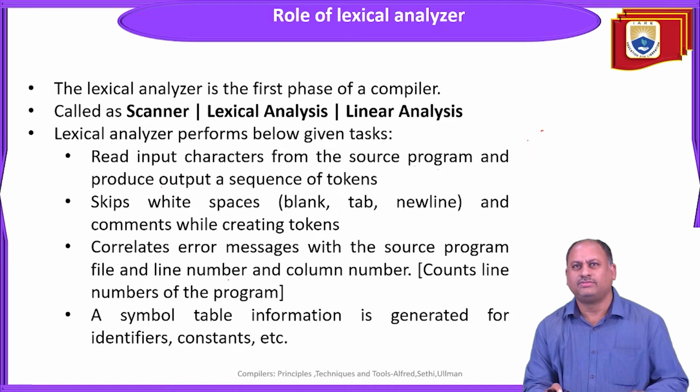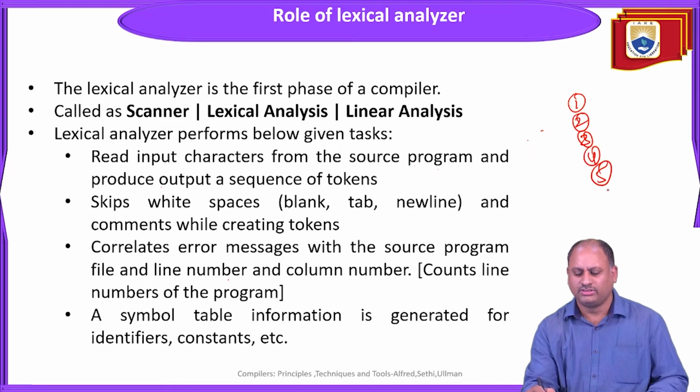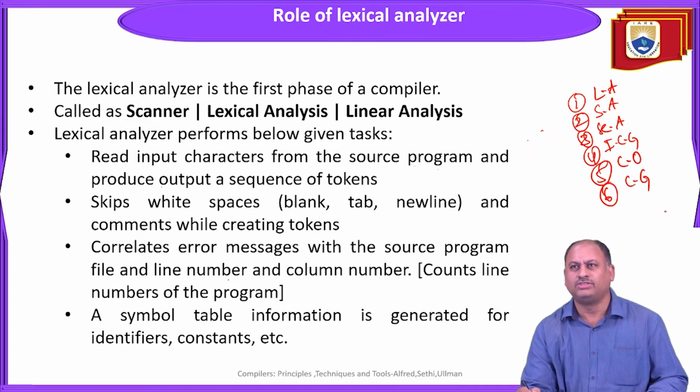The main important point is that we have discussed the six phases of the compilation process: lexical analyzer as the first phase, then syntax analyzer, semantic analyzer, intermediate code generation, code optimization, and code generation.